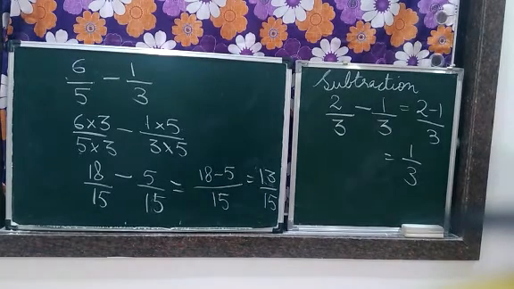Now let's see, children, if we have any try these also for subtraction. Yes, we do. There's a try these which is given on page number 187. Let's do it.